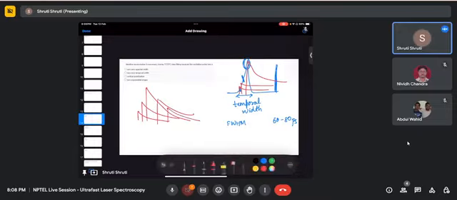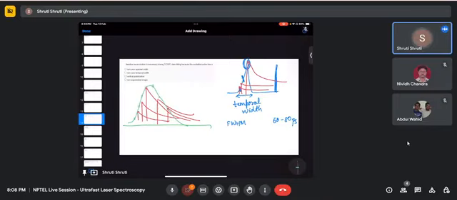Now here the lifetime will be A1 tau 1 plus A2 tau 2 plus A3 tau 3. So if you do that, what will you get? A1 is 0.5, tau 1 is 0.3. A2 is 0.4, tau 2 is 1, and 0.1 into 3.